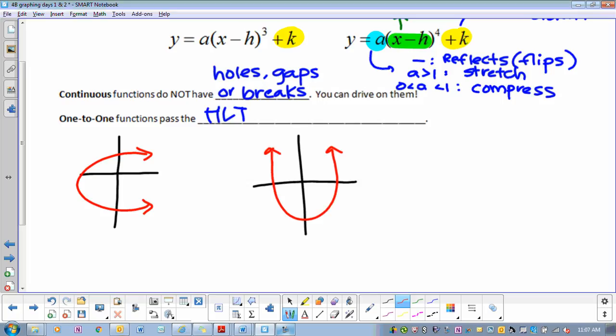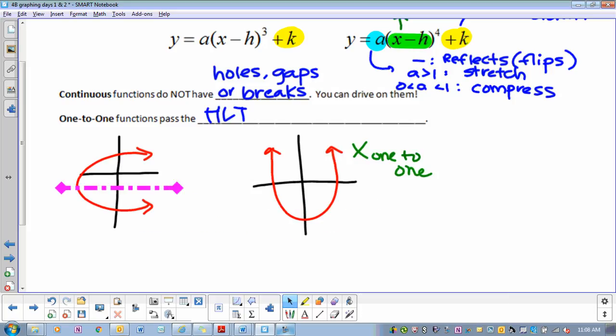The horizontal line test is basically if I took a horizontal line and ran it through this graph, does it hit the graph in only one spot? No, it hits it at two spots. So this one is not one to one. It doesn't pass the horizontal line test.